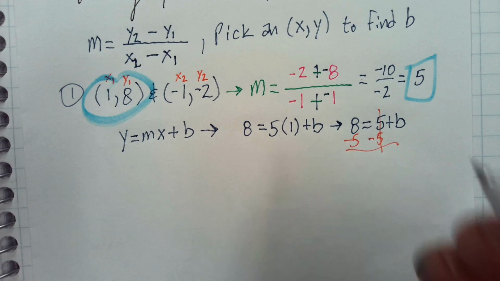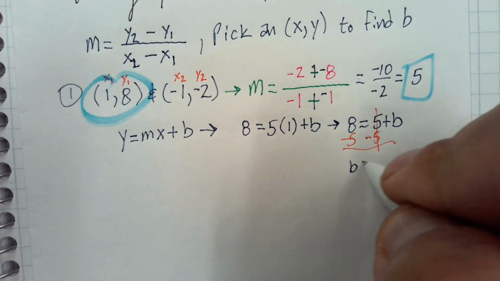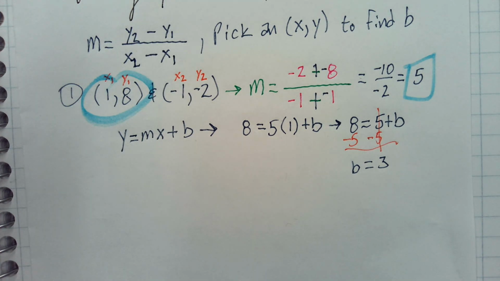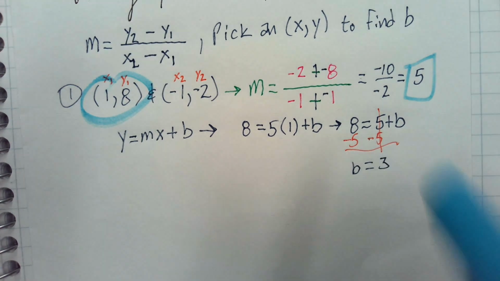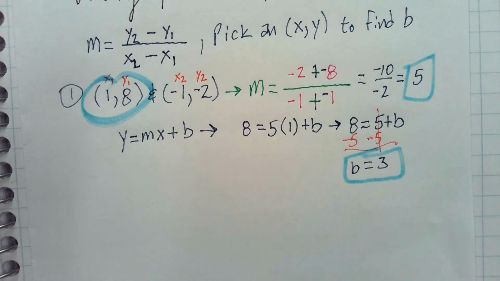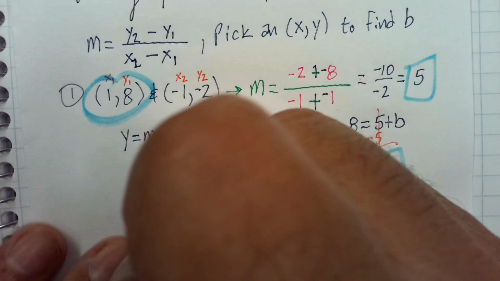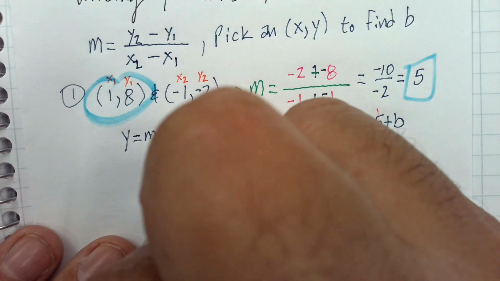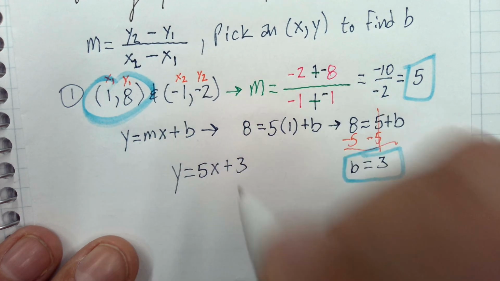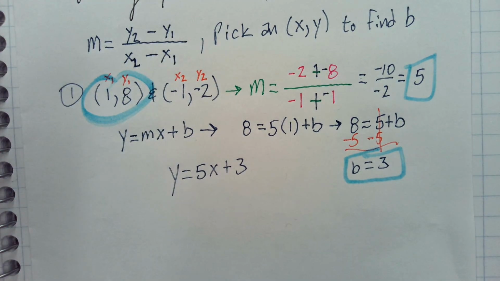B turns out to be 3. So now we got our b value. We can write our equation. Y equals 5x plus 3. Boom.